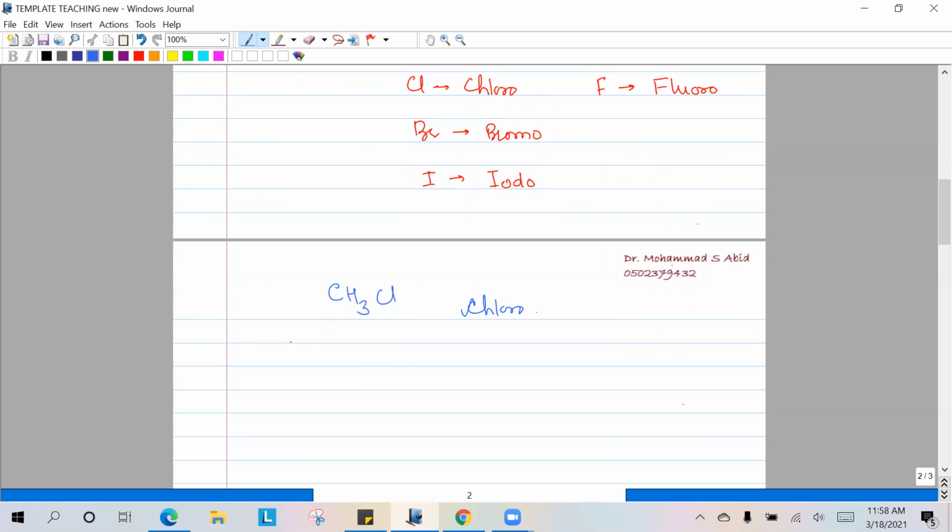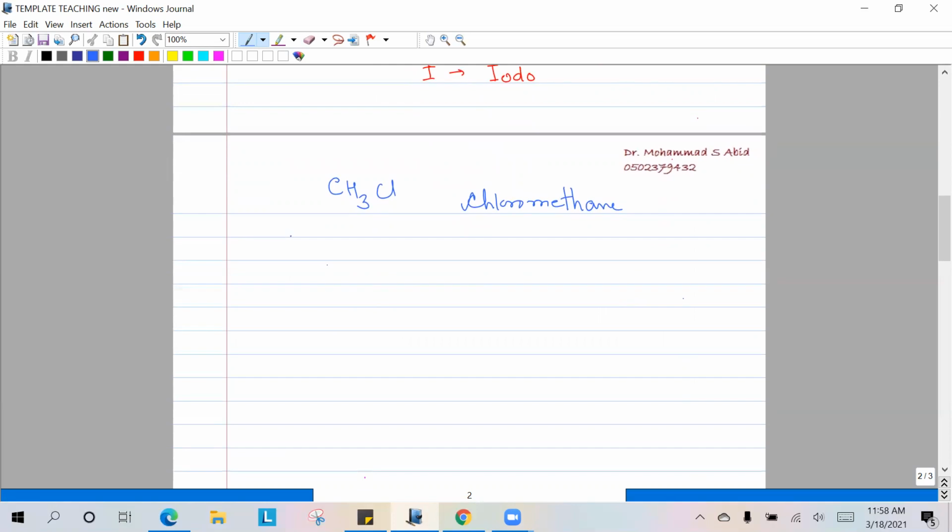For one carbon atom, the alkane is methane, so this becomes chloromethane. In the same way, if you have CH3CHBrCH3, with a bromine, you call it bromo, and there are three carbon atoms in the parent chain, so you call it propane: bromopropane. But then you need to write down the position of this. The position, from either side, will be 2.